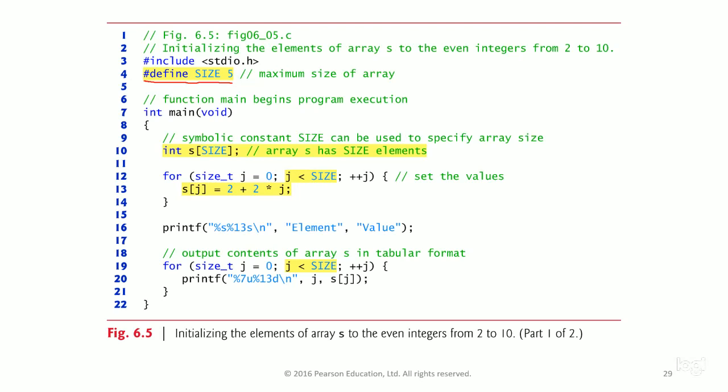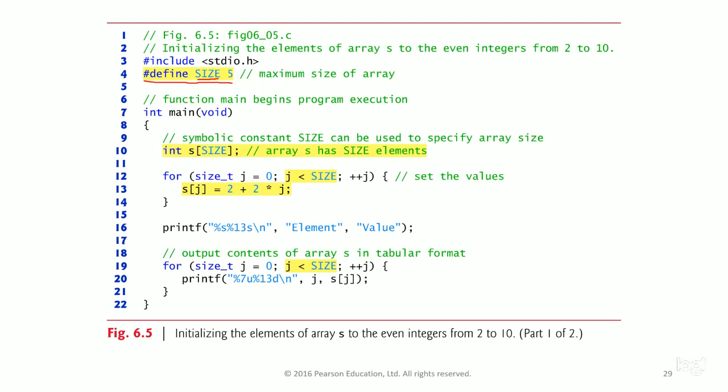What this will do is, everywhere in the program where it sees this particular symbol, capital SIZE, it will replace that with whatever follows it. So wherever in the program it sees SIZE, it will replace that with 5.